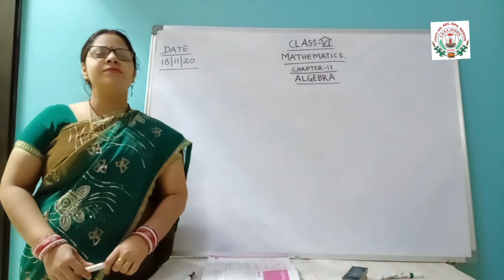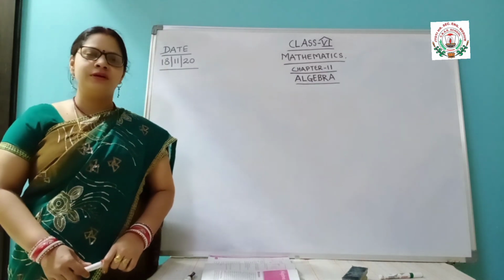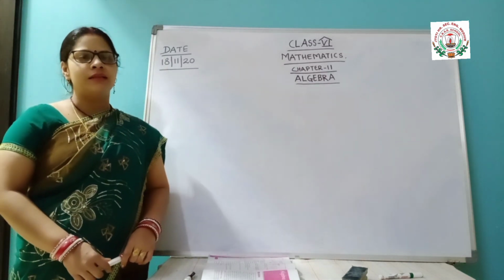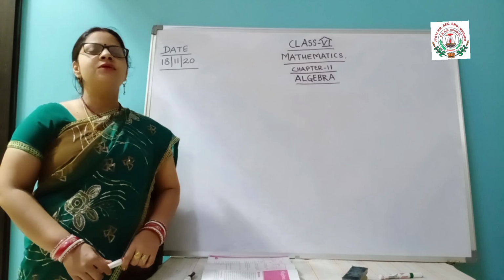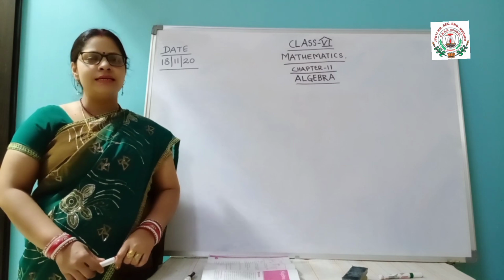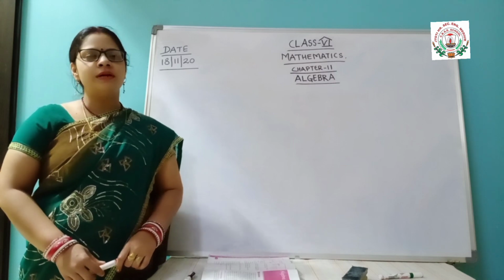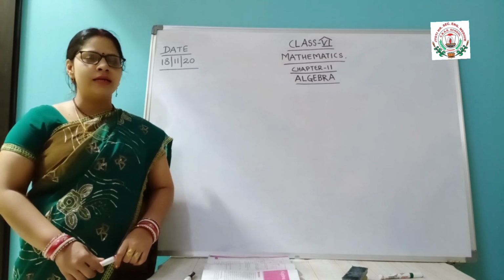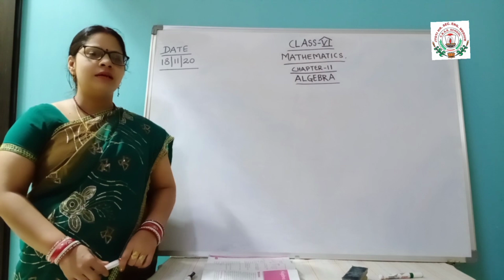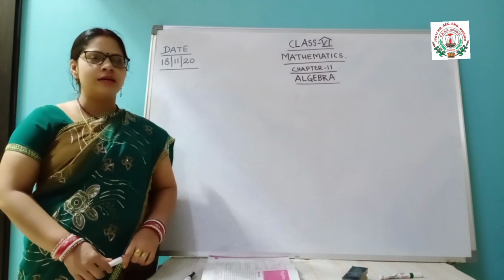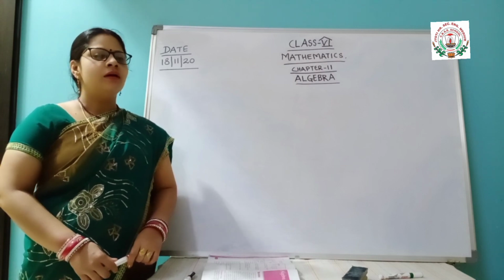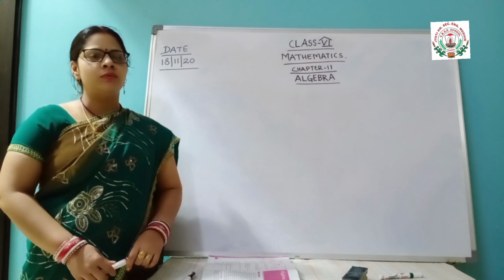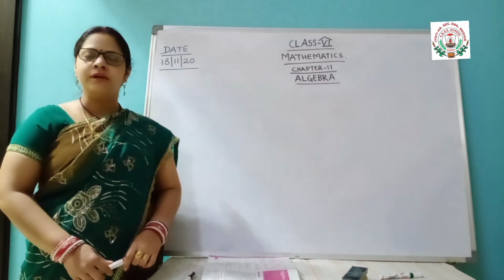In the previous video, we completed our chapter 10, that was mensuration. Some students were asking whether chapter 9 is omitted. It is not omitted. Graph paper is required in that, and just after the exam we had to start the chapter, so I did not get the time to ask you to arrange graph paper. So I directly started chapter 10, mensuration. Now also, just after the Diwali vacation, I did not get the time to ask you for graph paper.